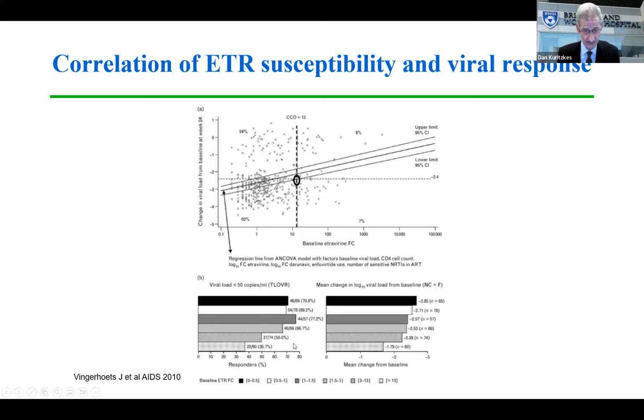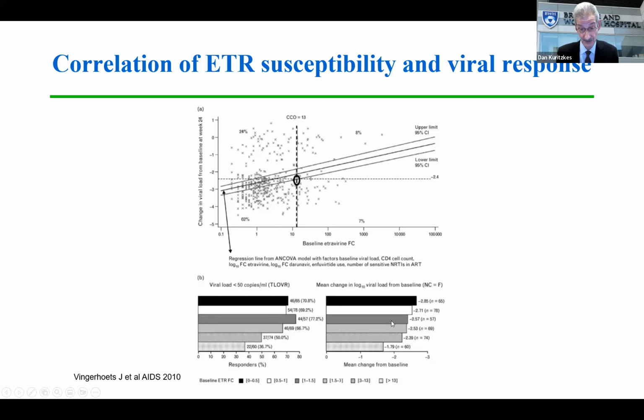So when you try to put this all together, you can do an analysis where you explore the proportion of participants who achieved complete viral suppression by the TLOVR analysis, and how that related to the fold change in IC50 for etravirine. And you can see that you don't really get much better than 70 to 77%, whereas those who have the highest level of resistance are only at about 37%.